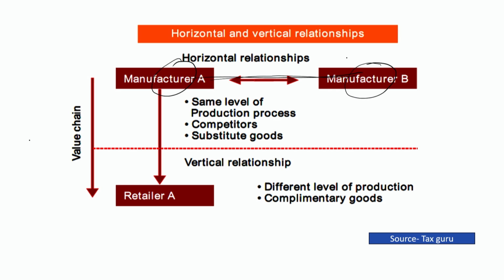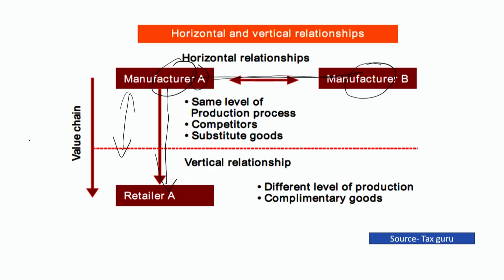On the other hand, the vertical relationship takes place between different levels. If manufacturer A, under supply chain A, comes into an agreement with a retailer of the same supply channel, the agreement has taken place between different levels of the chain. In a single chain, the agreement takes place at different levels. So this relationship is called vertical relationship.